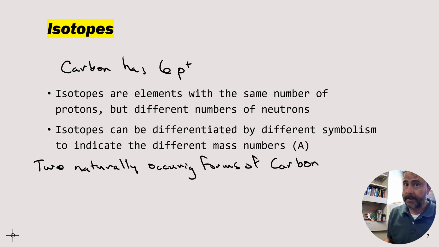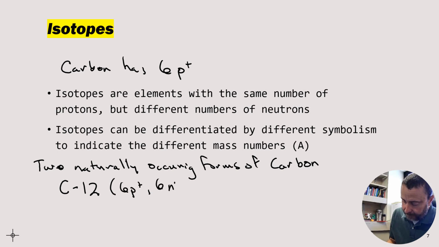Carbon has 6 protons, it has to. So this can either be carbon 12. That's one way we write it, with the C-12 there. That has 6 protons and 6 neutrons.